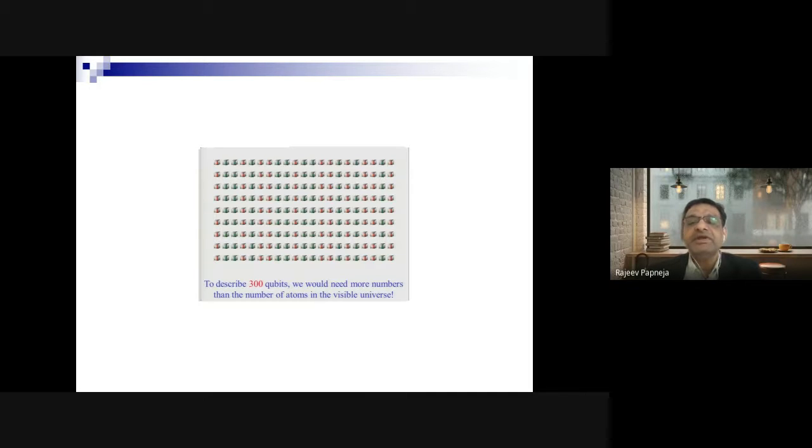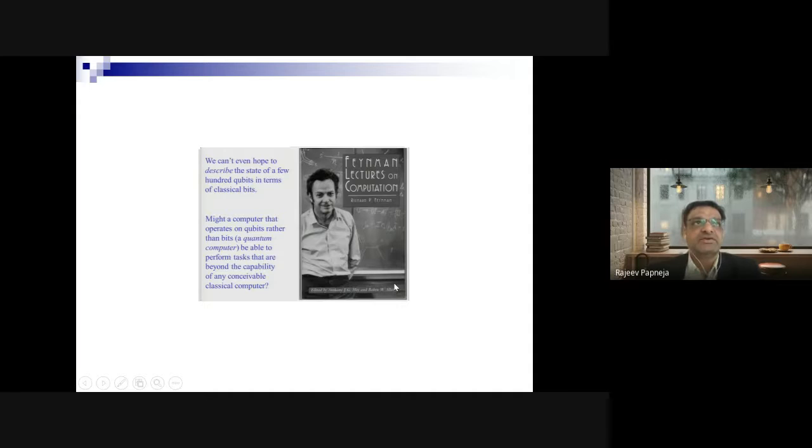And that property of quantum information, that we can't hope to express it in any precise way in terms of ordinary classical information, was very intriguing to our friend Richard Feynman. We remember Richard Feynman, who says that if you think you understand quantum mechanics, you really don't.